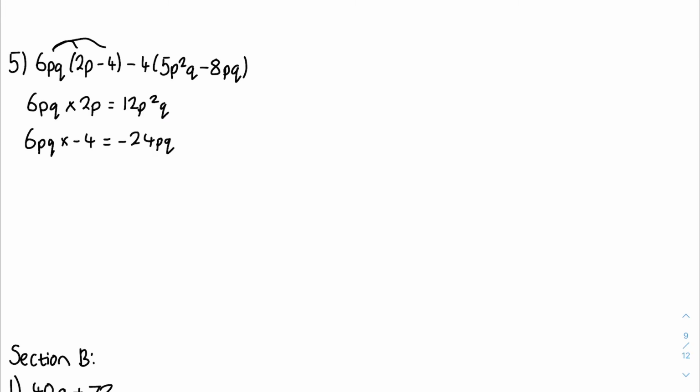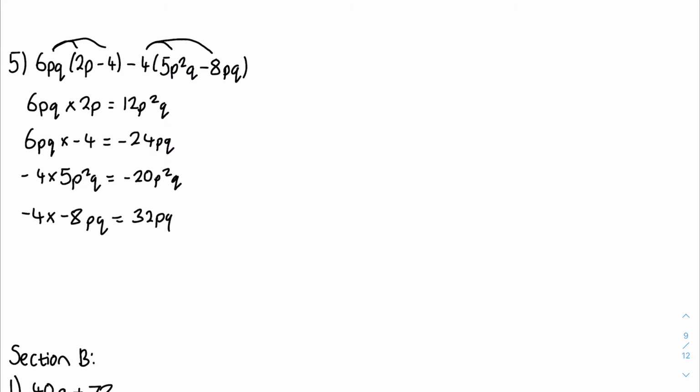We also have minus 4 multiplied by 5p squared q, which is going to give us minus 20p squared q, and then minus 4 multiplied by minus 8pq, which is 32pq.